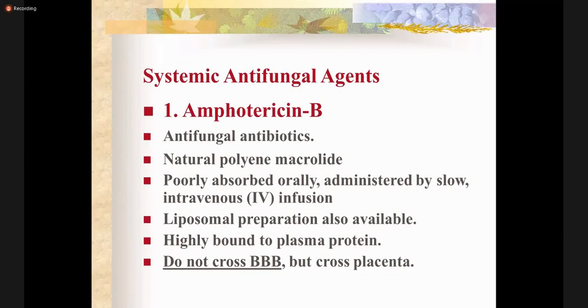Amphotericin-B, I told you that it's an antibiotic, so it's a natural compound, and it is derived from some natural or living organism. Chemically, it's a polyene macrolide. You have known the macrolides from the antibiotics. Macrolides are antibiotics that have a specific, large molecular structure, like azithromycin and clarithromycin.